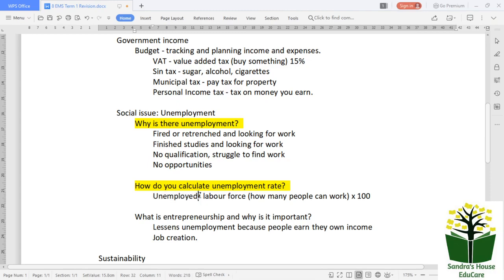So we're looking at the unemployed people, and we're saying unemployed people divided by the amount of people who can work. And then we want it as a percentage, so we times by 100. Times by 100 gives us a percentage. And that's how we work out what the unemployment rate is.